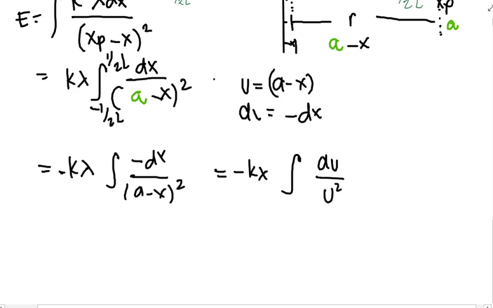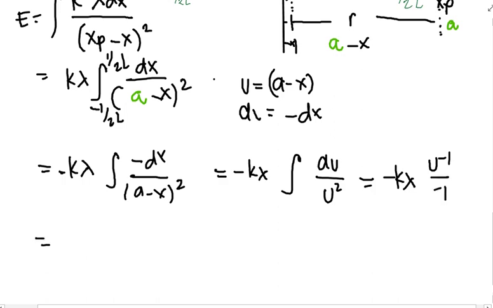And now we have simplified our whole equation, so we can easily perform our integration. Your integral will be negative k lambda, and you will have u raised to negative 2 plus 1, so that is equal to u raised to negative 1 all over negative 1.